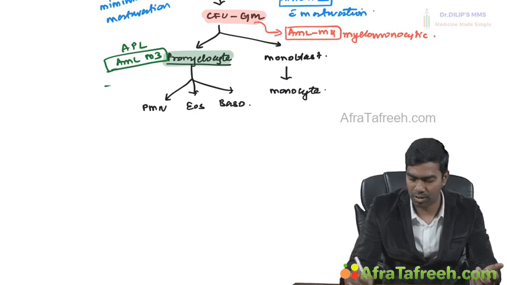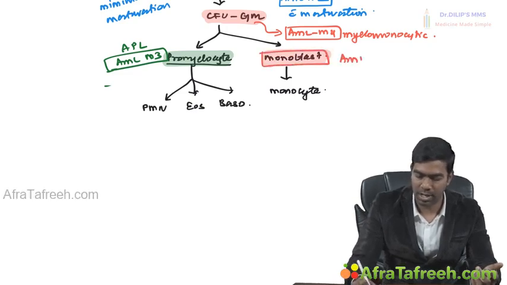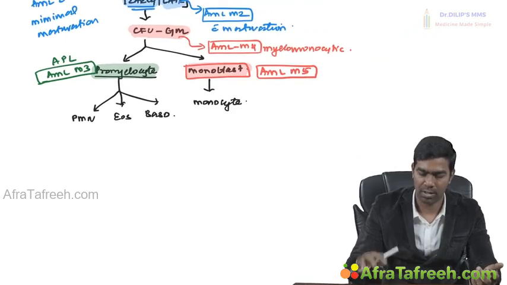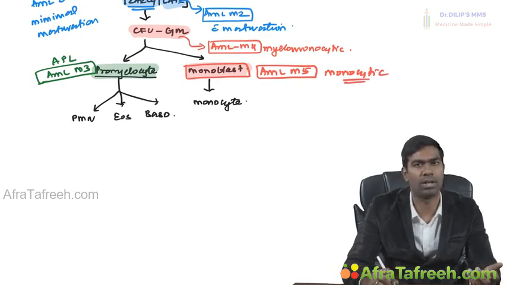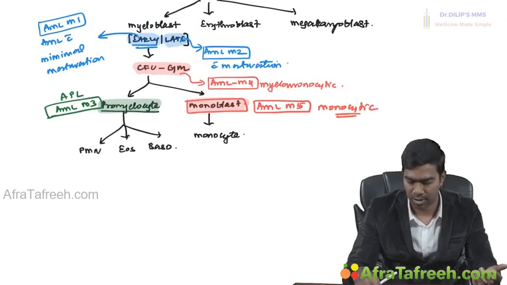If it originates from the monoblast, we are going to call it AML M5, clear? Which is nothing but a monoblastic or monocytic leukemia, so predominantly they have monocytic differentiation.